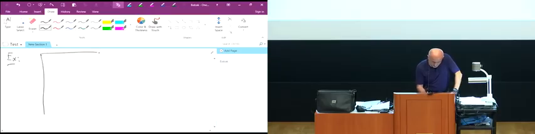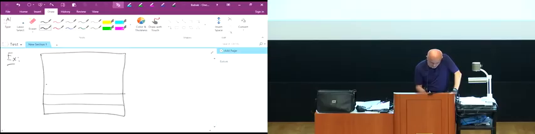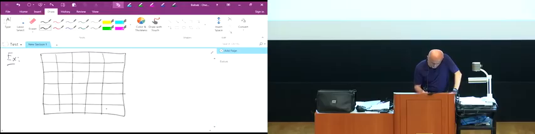I had a sample space 1, 2, 3, 4, 5. I have a red die and I have a green die.